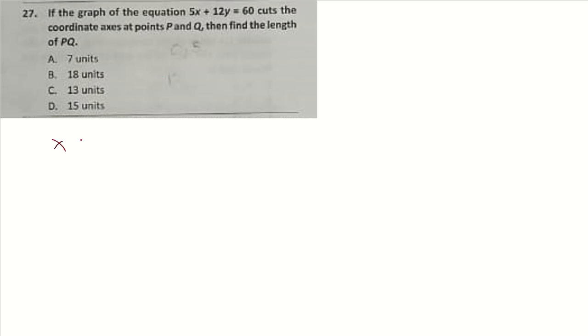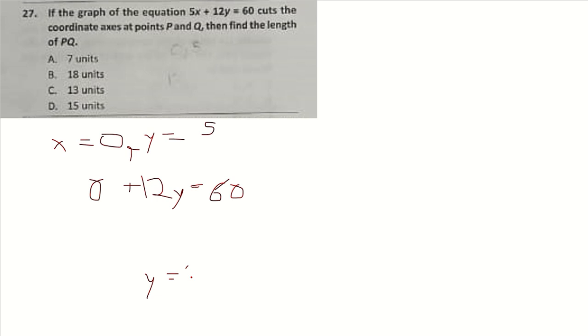So when x is 0, we get 5x plus 12y is 0 plus 12y is 60, and in that case y will be equal to 5. And what about when y is 0? Then it becomes 5x plus 0 is 60, and in that case x becomes 12.